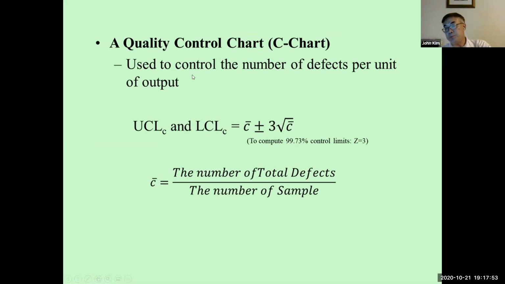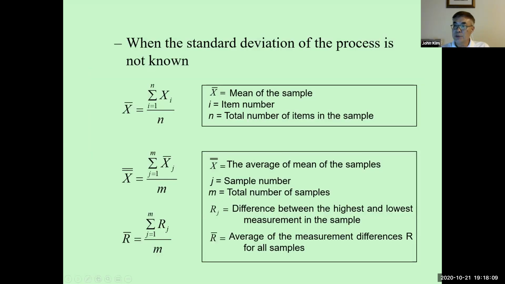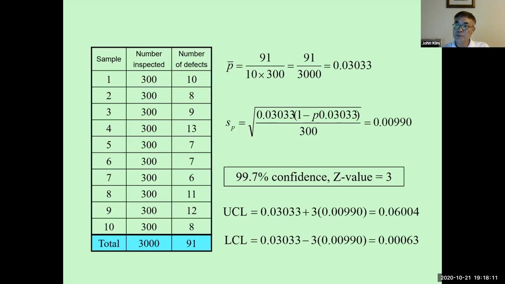Another chart. Earlier, P chart. C chart is similar to P chart. When we develop P chart using the number of defect or the number of something happen, and then with sample size.